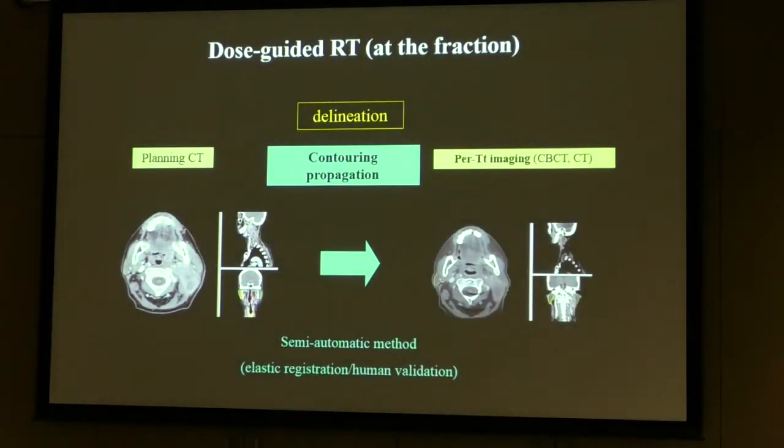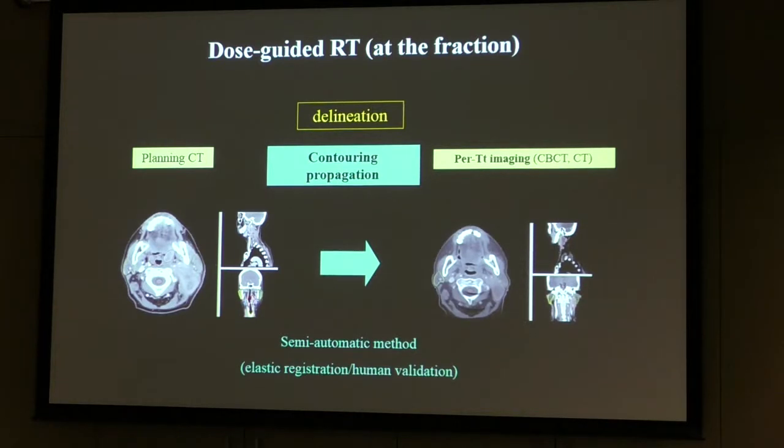And for that, the first step, which is also an open issue, is to be able to quickly delineate, let's say on CBCT, the organ of interest. And there are also several works doing that, more recently using deep learning methods.